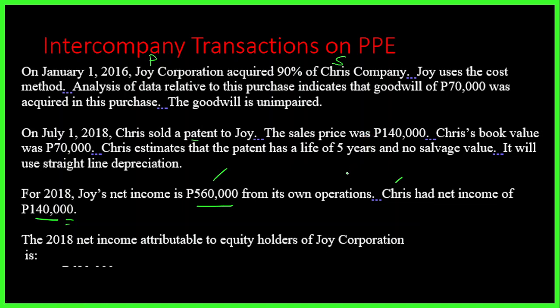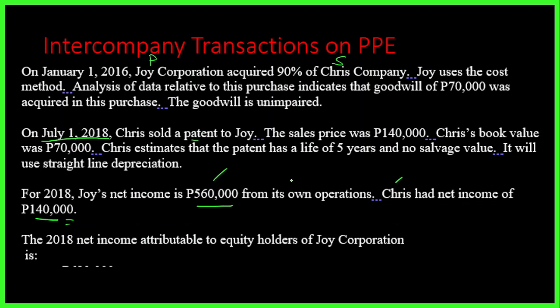Okay, so in this case, the entire 70,000 will be eliminated. And then we are going to realize based on how long has transpired. Now, take note that this started on July 1, 2018, which means you're not going to realize 1 year. Ang i-realize mo lang dyan ay half year.